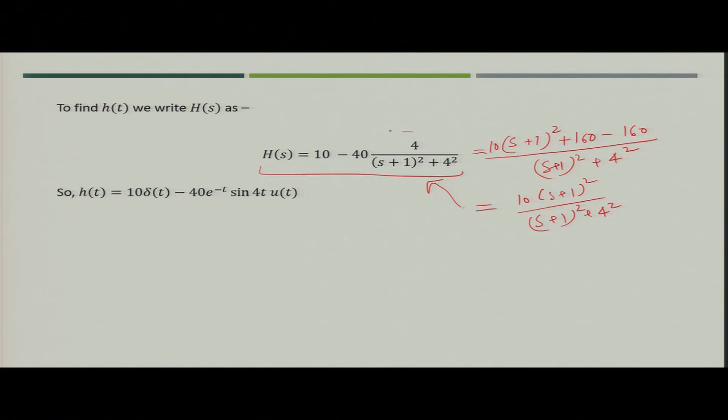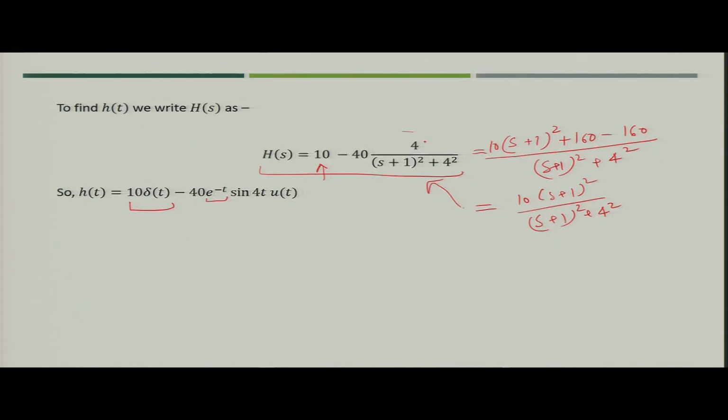So, when you arrange this in this particular form, the inverse Laplace transform of 10 is nothing but 10 multiplied by the unit impulse function, minus 40 into, since we have this frequency shift, that is s plus 1, this will become e to the power minus t.